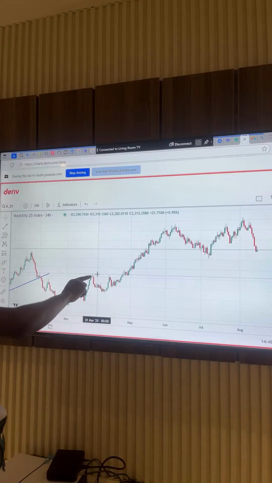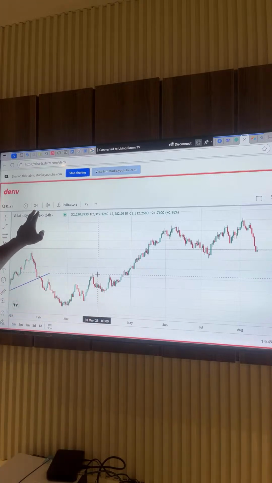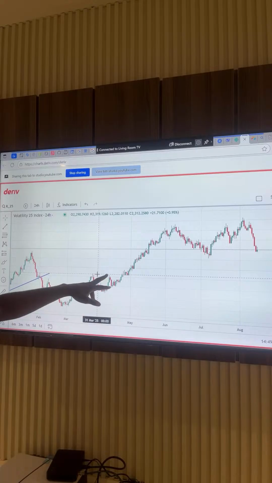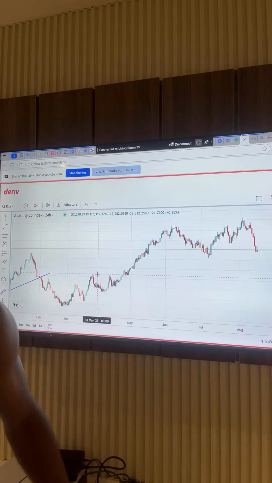Some might call this point where it came down an order block, because if we reduce the time frame, maybe to 15 minutes or 1 hour, you see an order block or something people also classify as that. It came to that place, created a sell-down, then came up again.